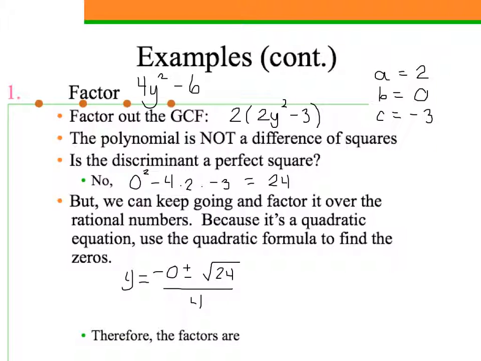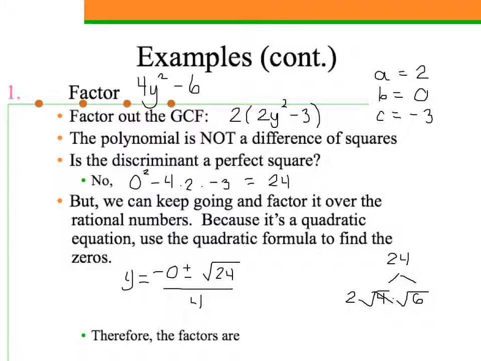Now that square root of 24 we know can be simplified. It has a perfect square of 4 that divides into it. It's 4 times 6. So the square root of 4 times the square root of 6 is the same as the square root of 24. But the square root of 4 is 2.